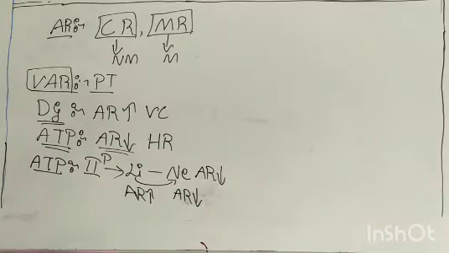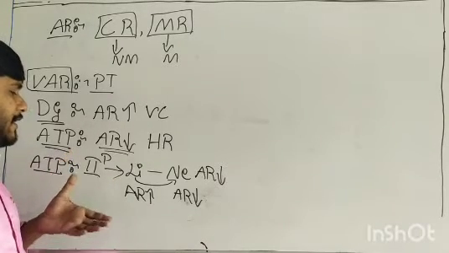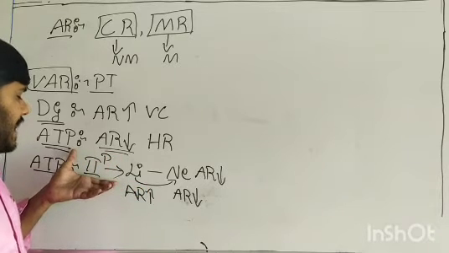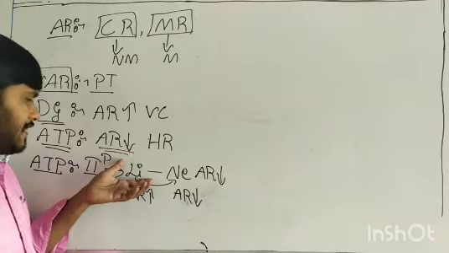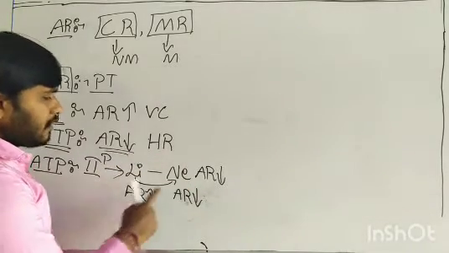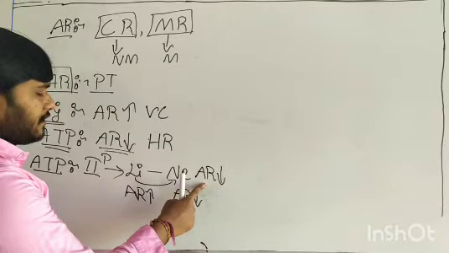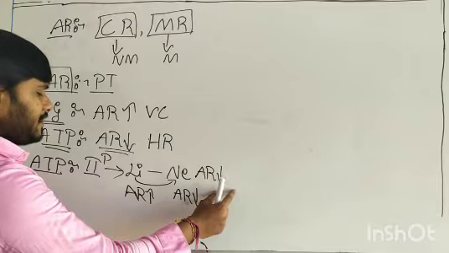When we move along the period, take the second period, which starts with the element lithium and ends at neon. According to the general trend, along the period atomic radius decreases.